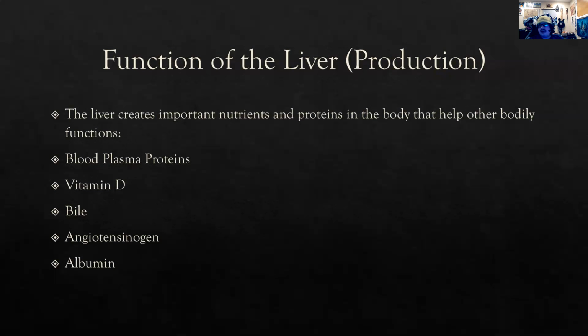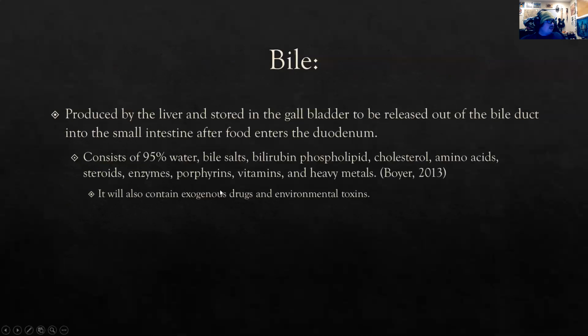Angiotensinogen is involved in high blood pressure. It's a blood pressure related protein that is an important byproduct of liver production. Vitamin D can be produced as well as, again, the very important bile. So let's look at bile.